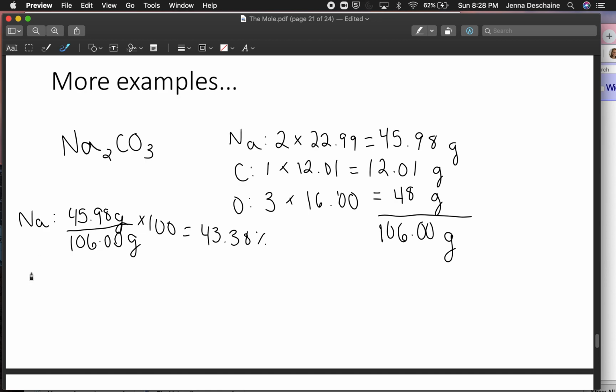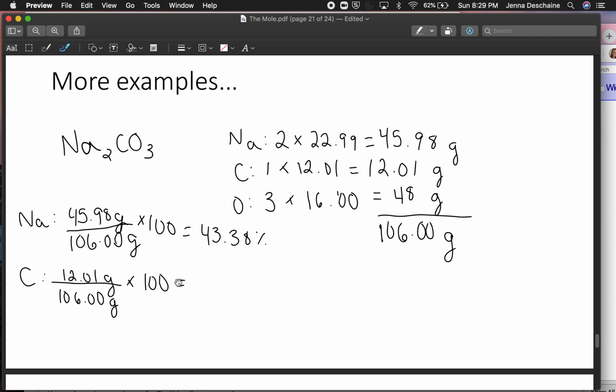Now I'm going to move on to carbon, which is going to be 12.01 grams. Divide that by the total, which is 106, and then multiply that whole thing by 100.